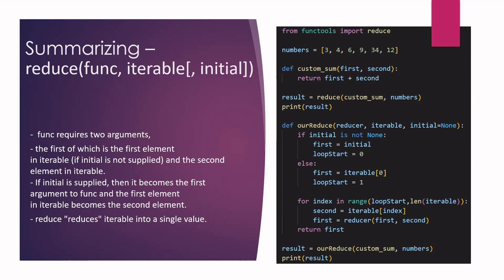So where does the 5 go? It goes as the first in the second iteration. So in the second iteration, first would be 5, and second would be equal to the next element in the list, which is here 4.